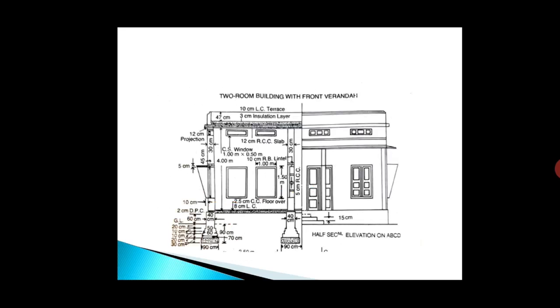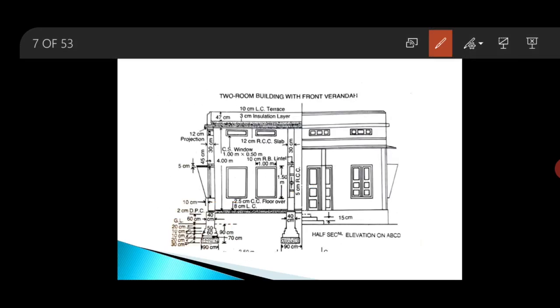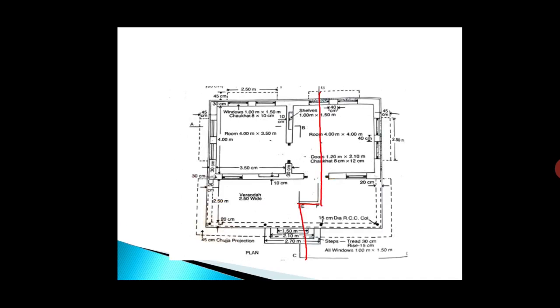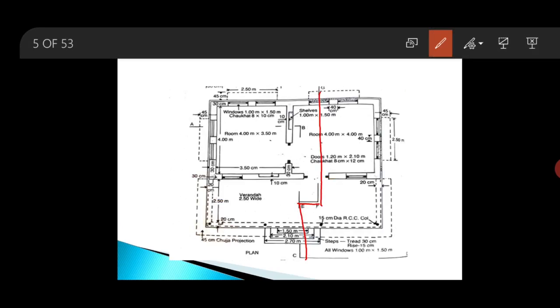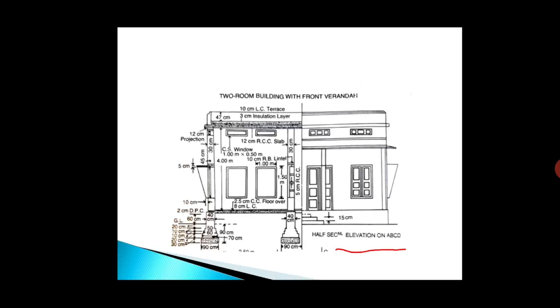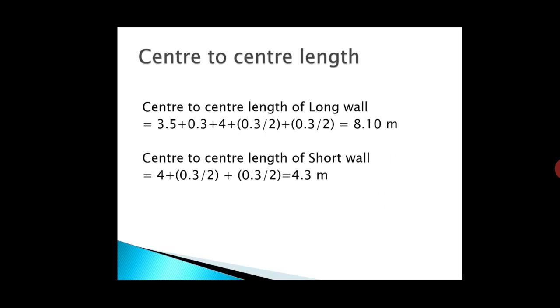Then there is another sectional elevation, half sectional elevation of section A, B, C, D. So this is the section which is prepared on A, B, C and D. So this sectional elevation will show you half sectional elevation and half front elevation.